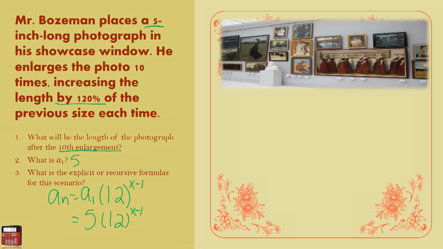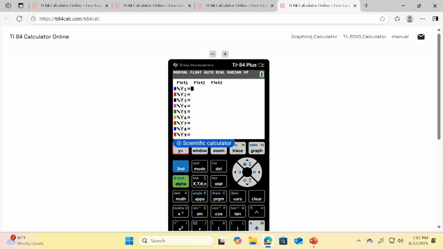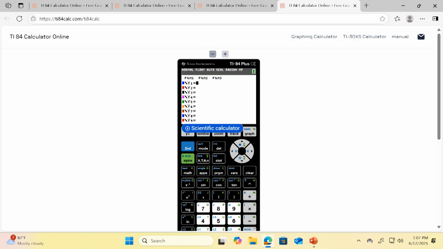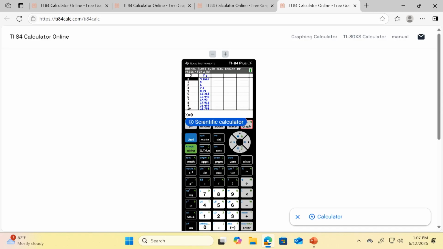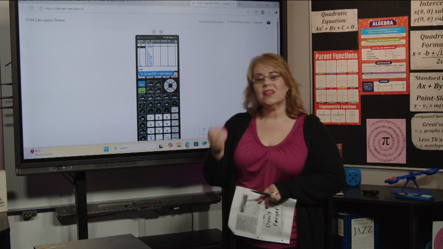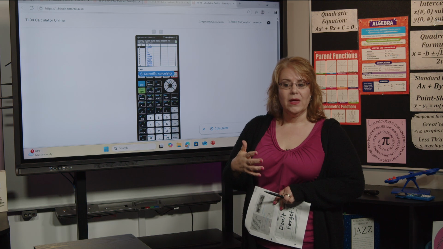So you've written that down. Let's go to our calculator and plug this in. So I'm going to go to y equals, and I'm going to put 5 parentheses 1.2. I'm going to raise it to the x minus 1. I'm going to go to my table, which is second graph. Now, I want the 10th term because after 10 times that it is enlarged.